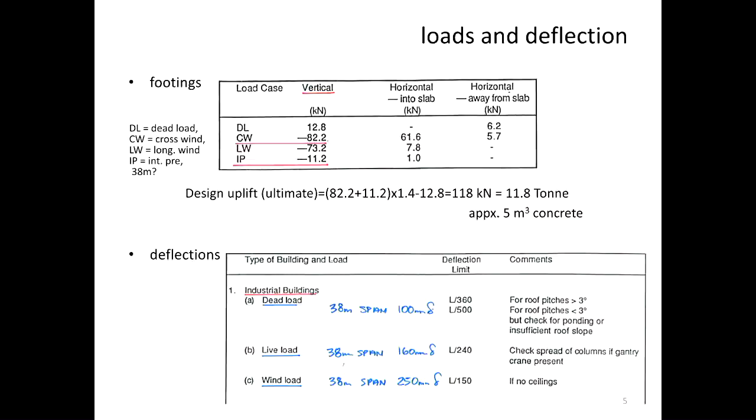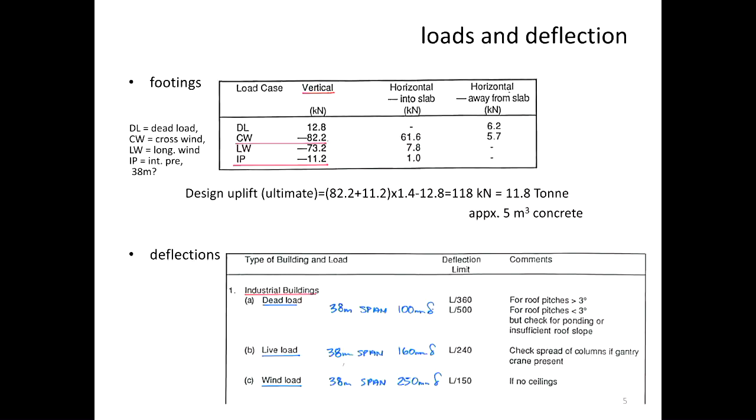Is that right? So 2400 kilograms is 2.4 tons. So if you have 11.8 tons, which is 118 kilonewtons, divide by 2.4, and you'll get about 5 meter cube. That's how we get that figure.